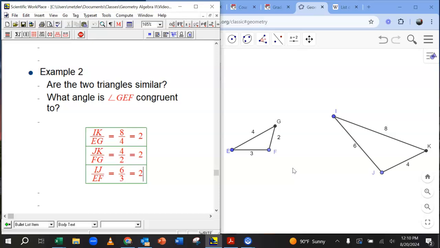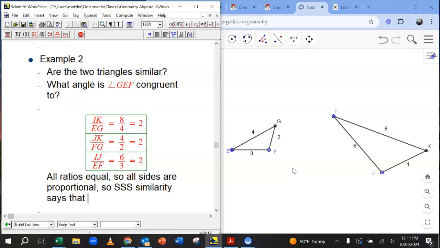Hopefully you could glance at it and see that that's pretty likely. So all ratios are equal, so all sides are proportional. So SSS similarity says that the triangles are similar.